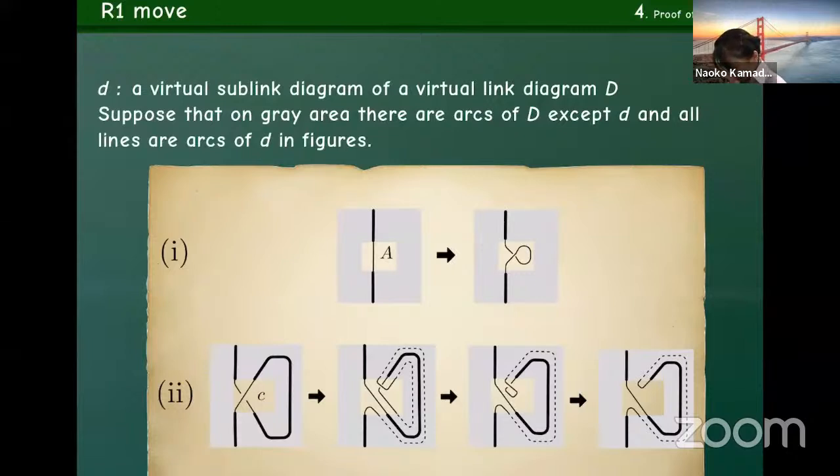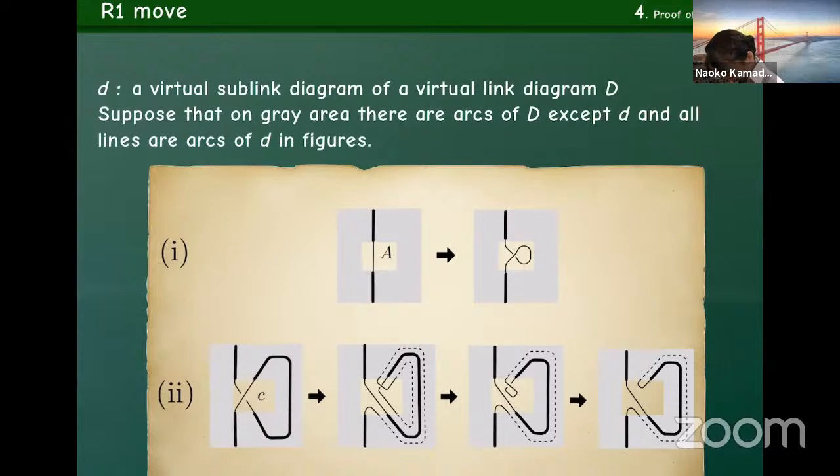This is for part of a sublink of D, and there is that thick line. There is a crossing with other sublinks.